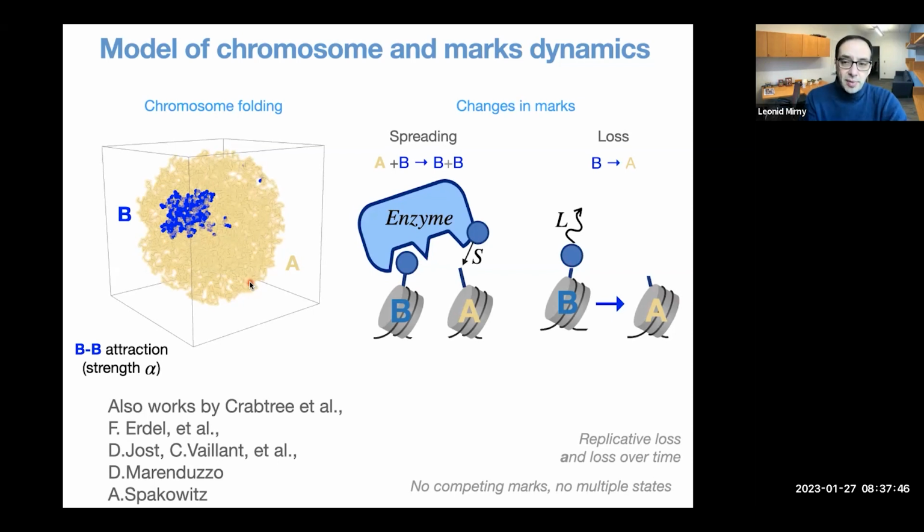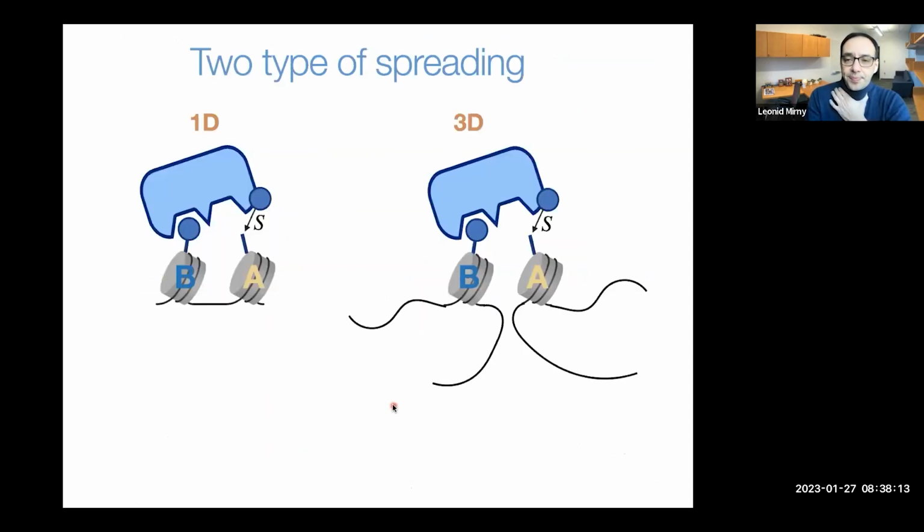This is not a new model by itself. It has been considered by the labs of Crabtree, Fabien Ardel, Daniel Jost, Cedric Young, David Maranduzo, Andy Spekovitz, and others. So the question is, under what conditions can the system maintain a stable memory of patterns? Different groups ask somewhat different questions about that.